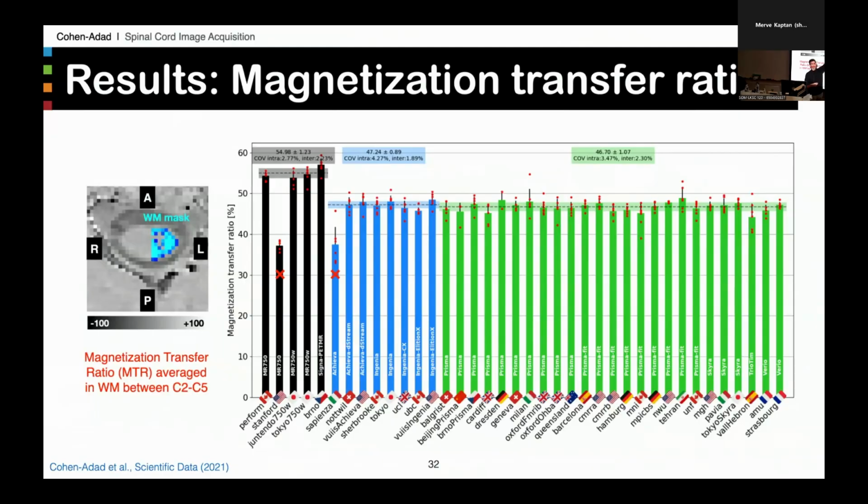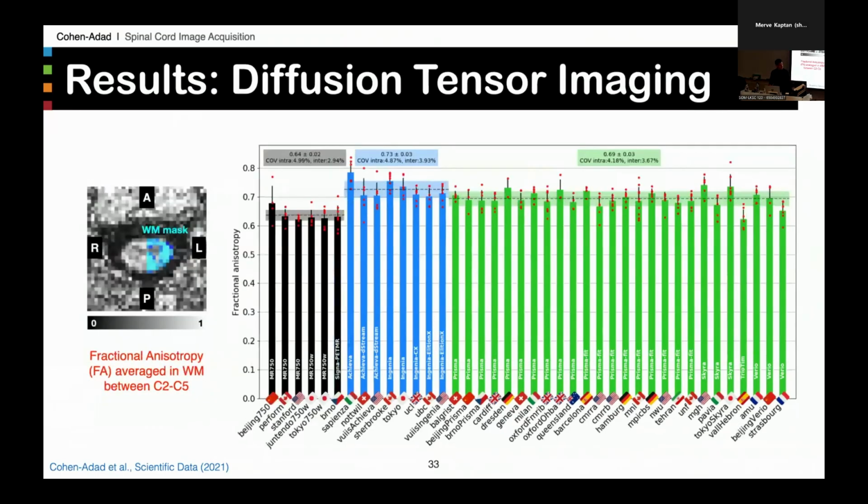It doesn't mean that the MTR is wrong. It just means that the MTR is different from the other sites, right? So it's difficult to compare. But again, inter-site COV below 3%, so we are quite happy about this. And similarly for FA, from diffusion-weighted scans, also COV inter-site below 4% for the 3 different vendors.